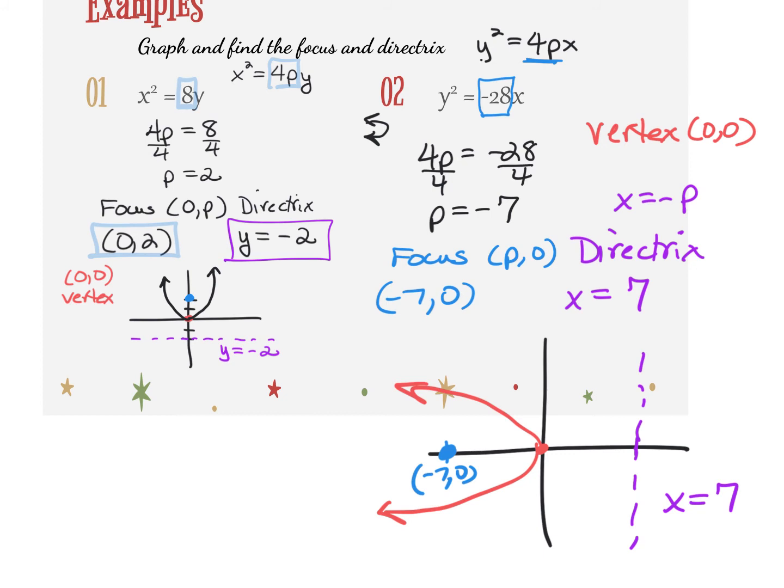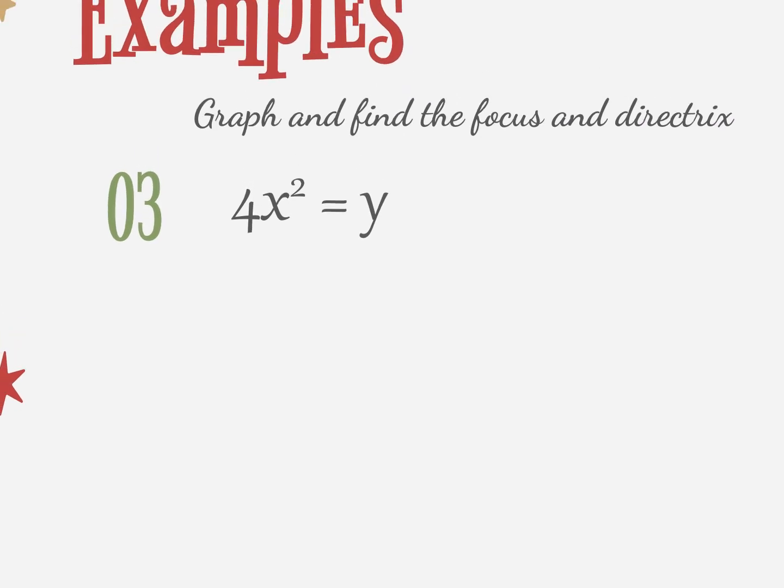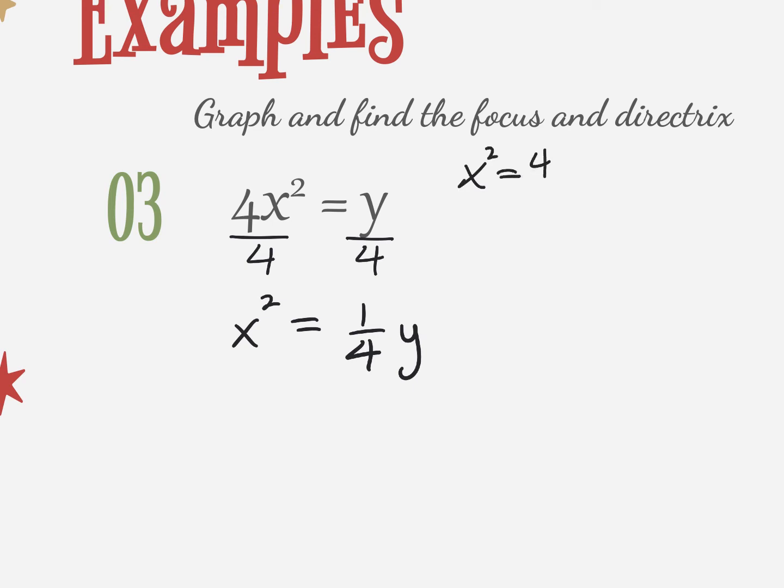Now, we always need to isolate the squared term. So if there's a coefficient in front, we're going to need to move it first. This one. So again, step 1, isolate the squared term. So I need to divide both sides by 4 to get x squared all by itself. And I'm going to turn this into 1/4 y, because now it's in the correct form. x squared equals 4py.